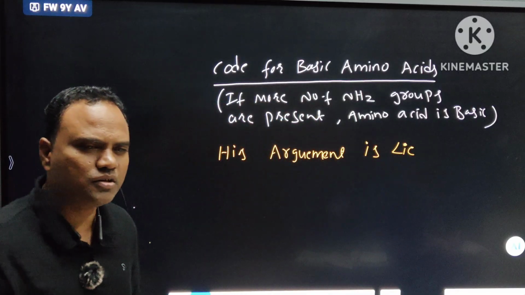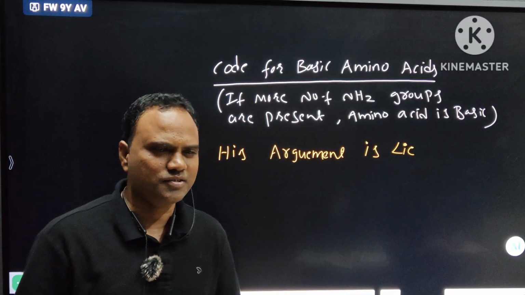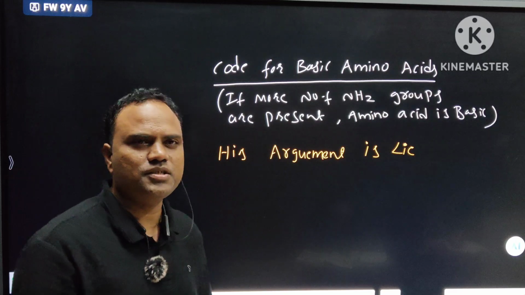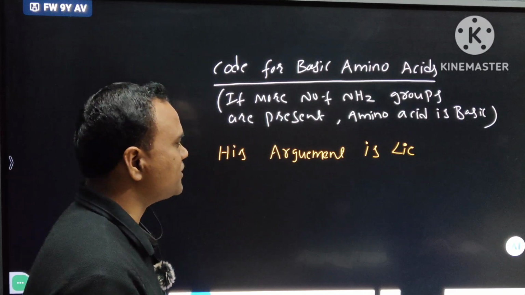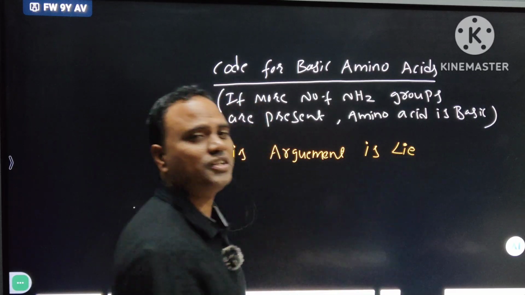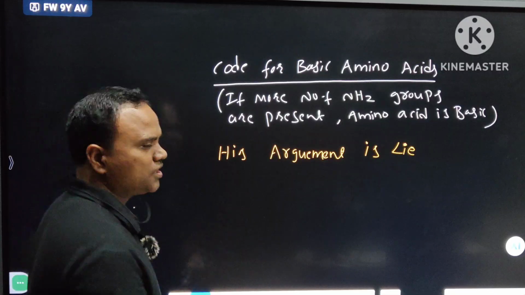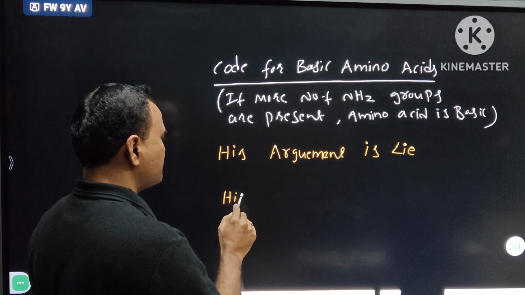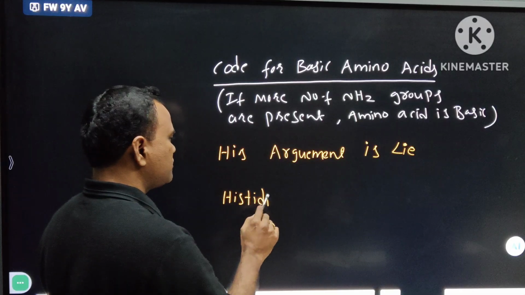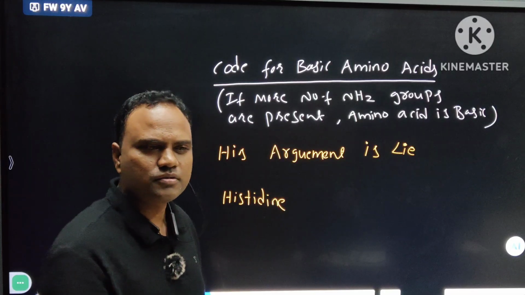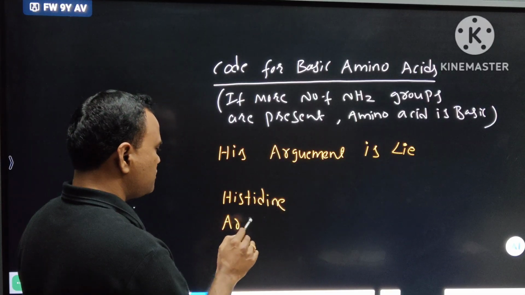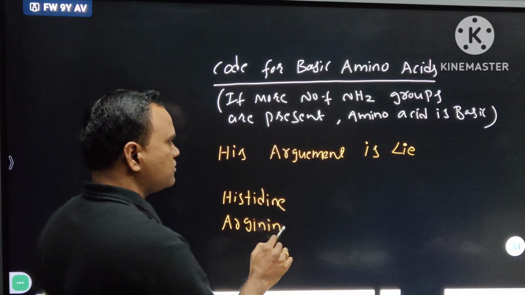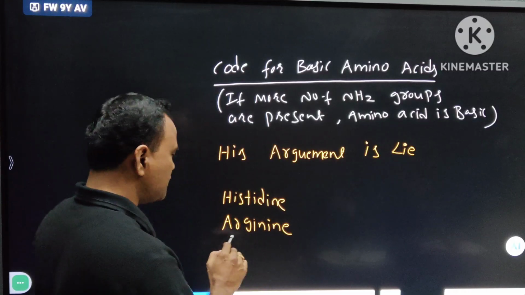If you know any code, you can follow. Just this is one code only from my side. If you have any easy code, then you can follow. His, histidine, arginine, lysine.